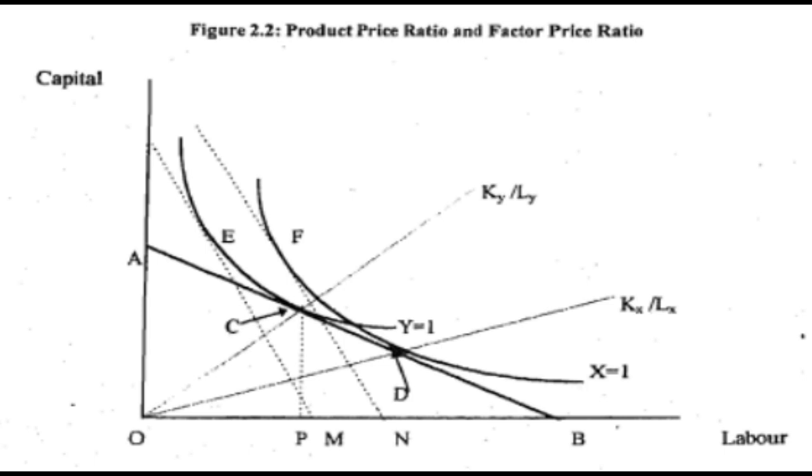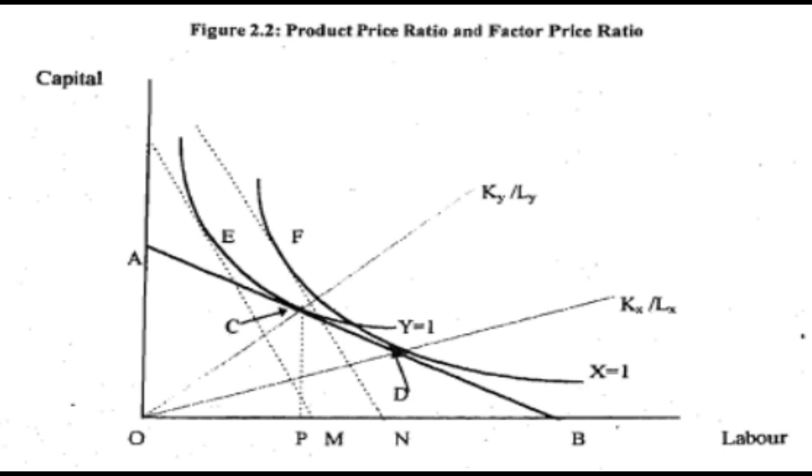The cost-minimizing condition is that the marginal rate of technical substitution, measured by the slope of the isoquant, is equal to the factor-price ratio, measured by the isocost line. Thus, the input combinations at C and D are the cost-minimizing input combinations for producing one unit each of Y and X respectively. The cost of producing one unit of output is given either by OB in terms of labor or by OA in terms of capital.